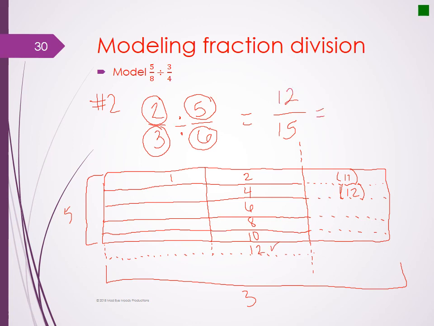And if you use the algorithm, that is equivalent to our starting amount, our 2/3 of the whole, times, which is the inverse of divide, the reciprocal, which is the inverse of our divisor, 6/5. So when we do our fraction multiplication, 6 times 2 is 12, and 5 times 3 is 15. And so this proves the algorithm for fraction division.